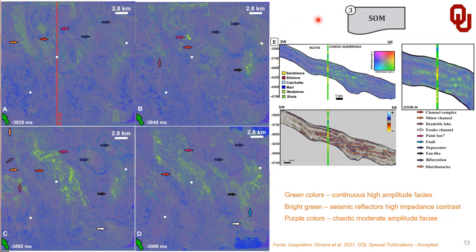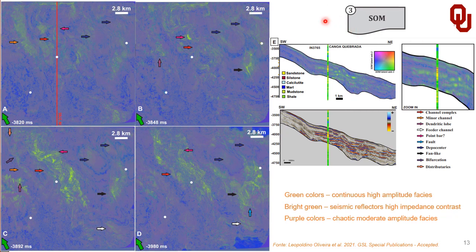A vertical slice is shown with our SOM classification. From this classification, we can observe three distinctive colors or phases. The green colors represent the continuous high amplitude phases, and the brightest green represents the seismic reflector with a high impedance contrast.